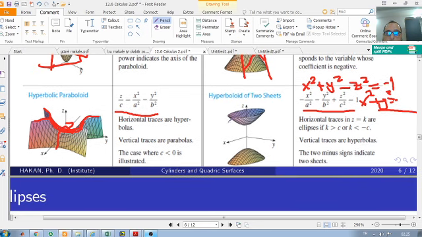Therefore, if you intersect the graph of the hyperboloid of two sheets horizontally, you will obtain an ellipse. You see, if you intersect this graph vertically, you will obtain a hyperbola, like this.